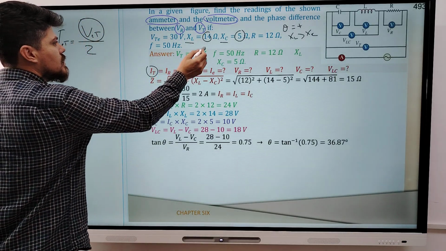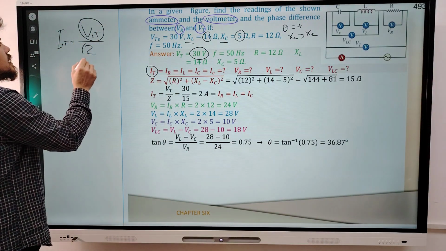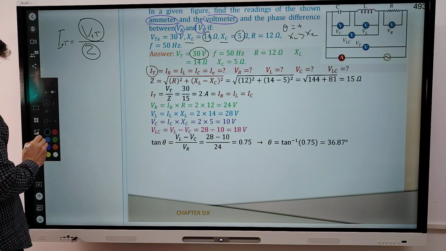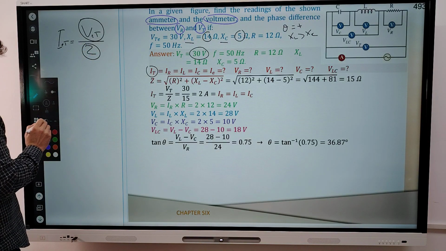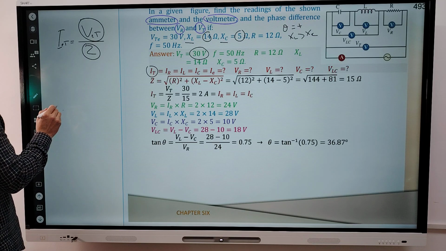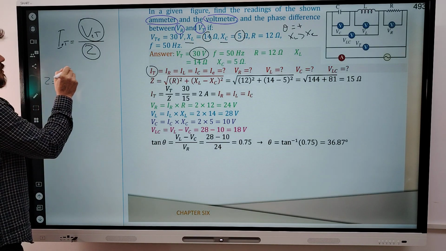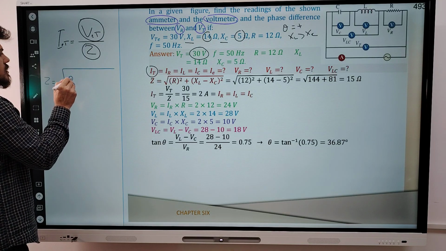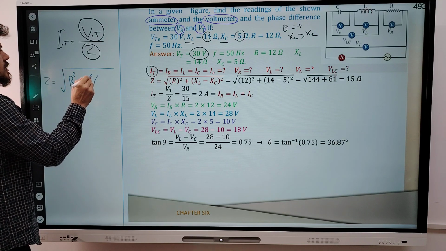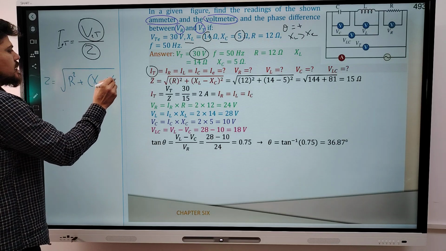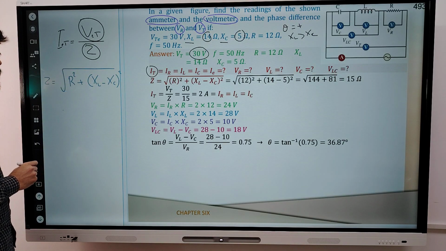Yes, 30 volts. Do we have Z? No, we have to find Z. How can you find Z? Because it is a series connection, Z is equal to the square root of R squared plus (XL minus XC) squared.